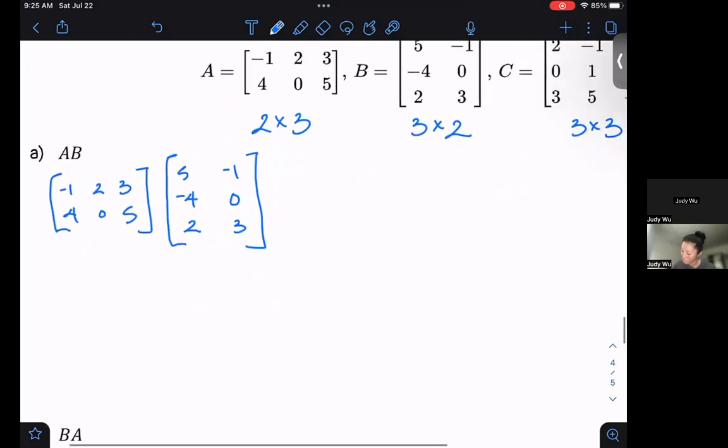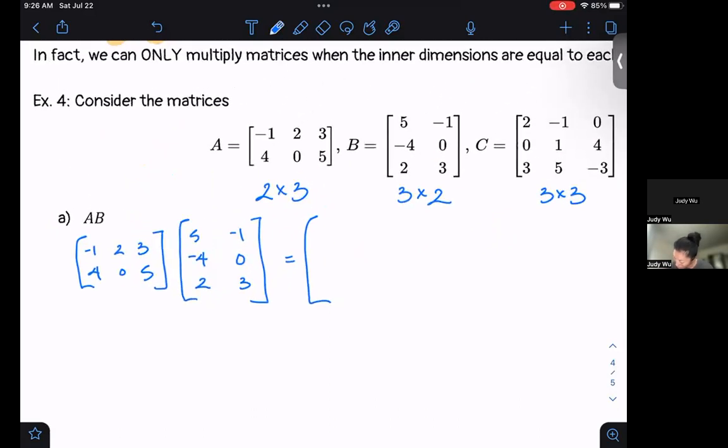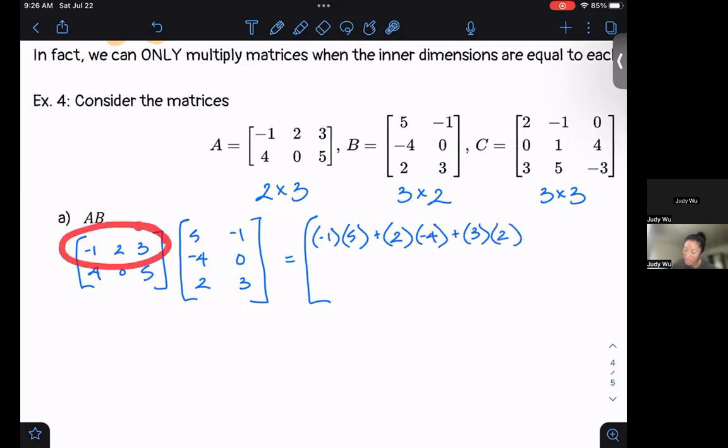I'm going to leave myself plenty of space here. I've got -1 times 5 plus 2 times -4 plus 3 times 2. That's all of the entries from the first row times all of the entries in the first column of the second matrix, and then adding those together.